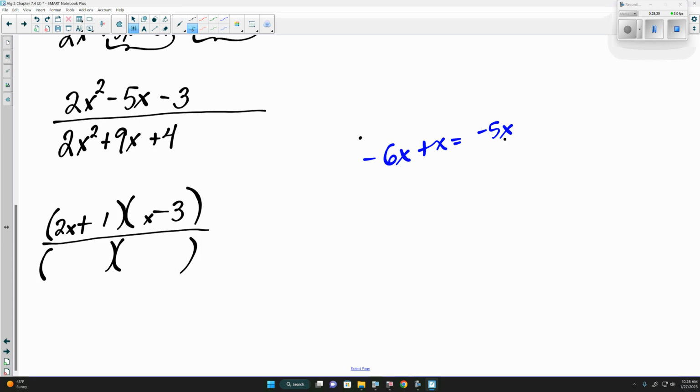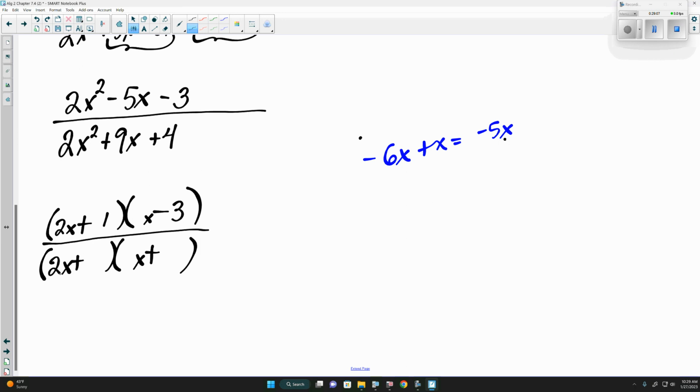The denominator, since the third term's positive, the signs are the same and they match the sign of the middle term, which will be plus and plus. Factors of 2x squared will have x and then 2 and 1, yes? Since they're both plus, it really doesn't matter where we put the 2 and 1, so we'll just put it in the first one. Factors of 4 are 1 and 4 or 2 and 2. Which one do we think we'll use? Because if we're going to have something be the same, we're going to need one of the denominators to be x minus 3, which isn't possible because both signs are positive.